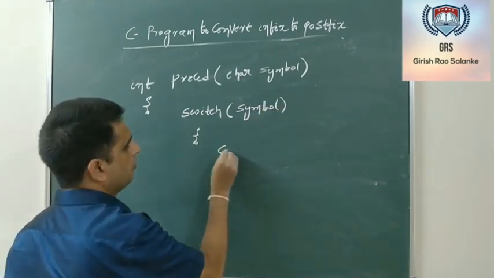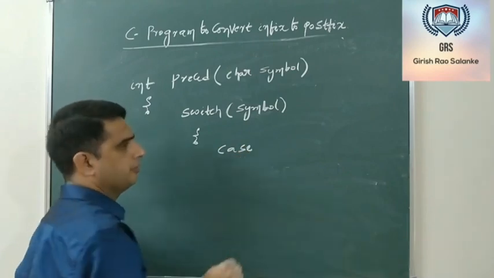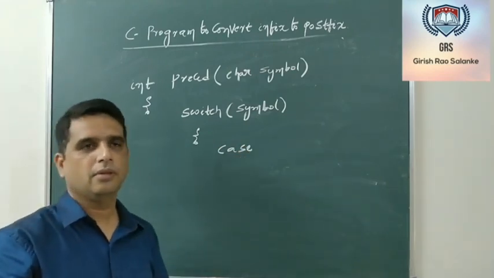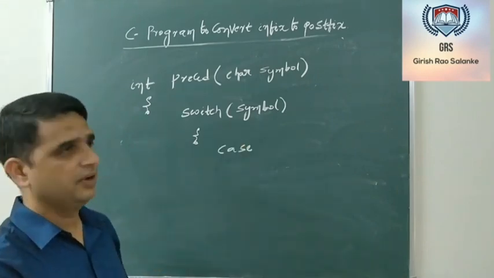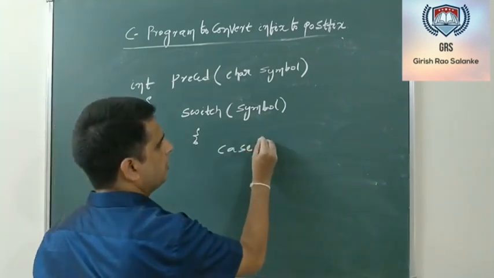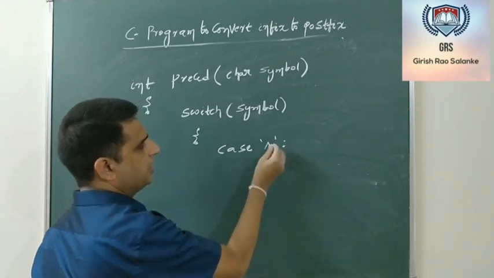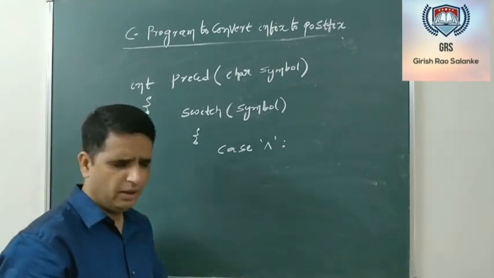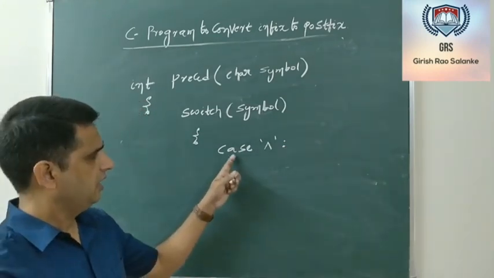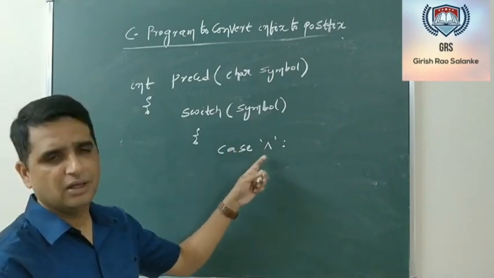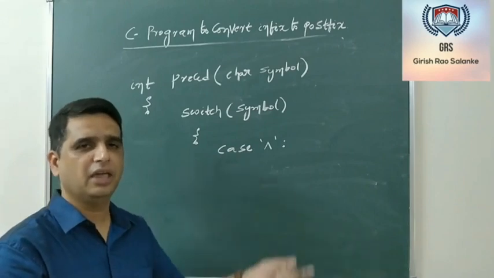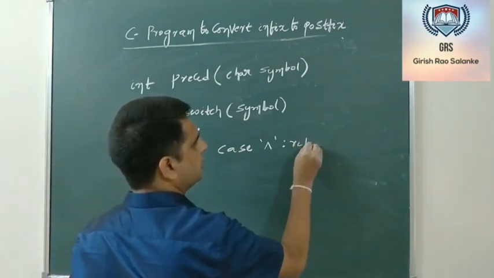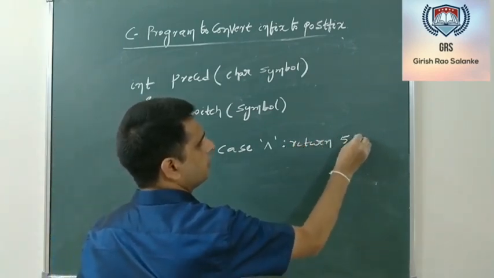If the scanned symbol is an exponential, a power operator, then as I told earlier, exponential or power has higher precedence. We'll just write a return statement, return 5.